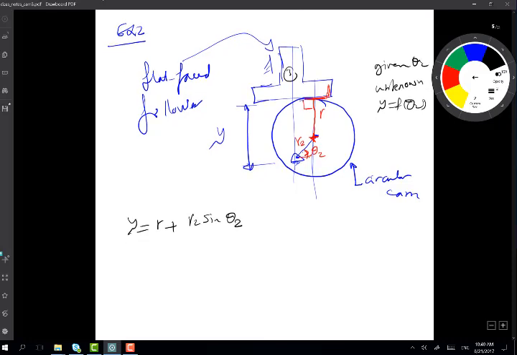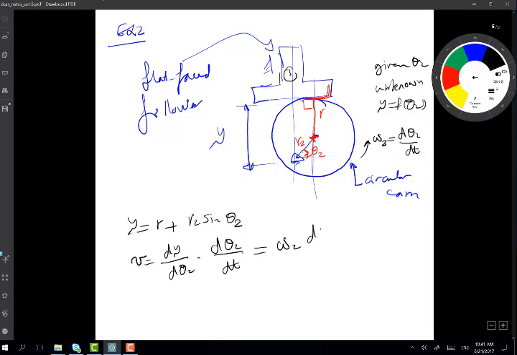I can say, okay, the cam velocity, normally constant, will be omega 2, which is d theta 2 dt. And then over here, this will be dy d theta 2 times d theta 2 dt, which is omega 2, right?